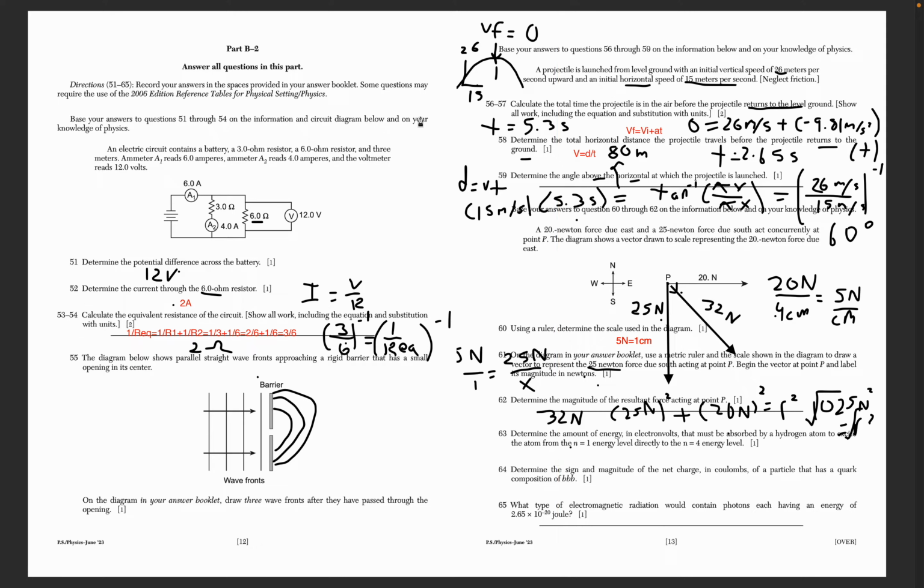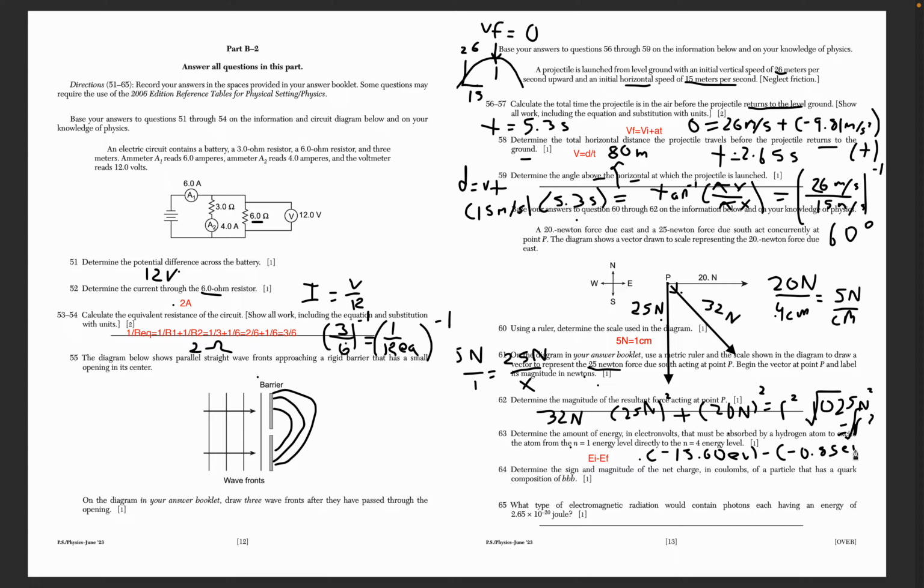Let's go back to the formula: E i minus E f, which means negative 13.60 electron volts minus negative 0.85 electron volts.